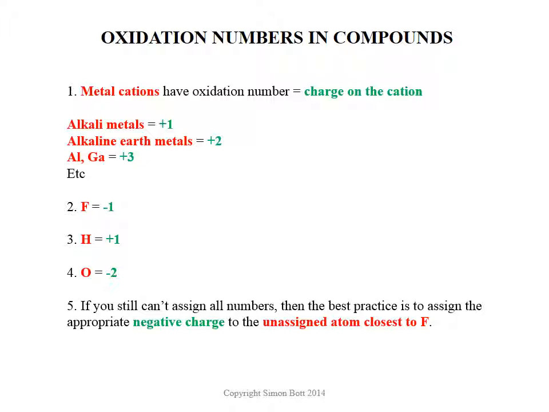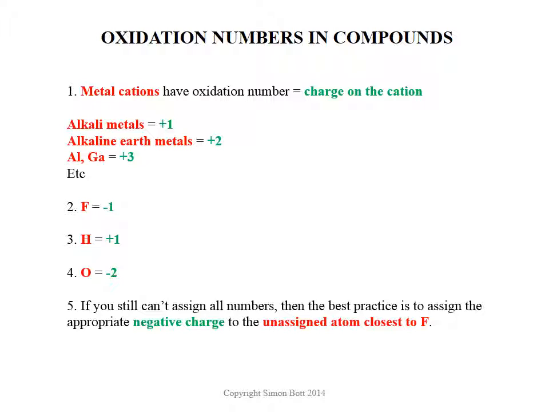If by the time you get to this stage, you've made sure that the total sum of the oxidation numbers is going to be equal to the charge, you've taken care of any metal cations, you've taken care of any fluorines, hydrogens and oxygens in there. If you've still got some unassigned oxidation numbers, then the best practice is you say, okay, whatever the atom is closest to fluorine, I'm going to say that that makes the anion that it wants to.